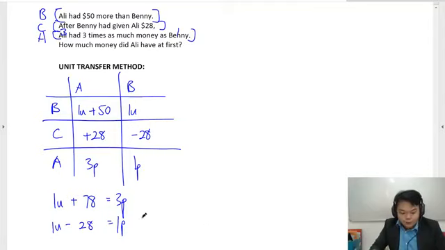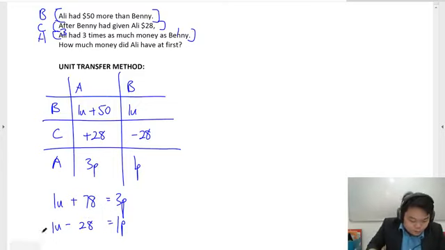So over here we end up with a bit of a problem. The next question is, what do you need to do to find out the value of 1 unit or 1 part? This is a simultaneous equation. If you are to draw this out in model, we are using pictures to represent that simultaneous equation as well.